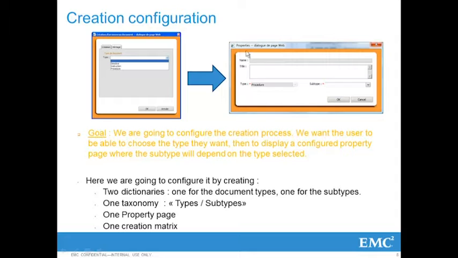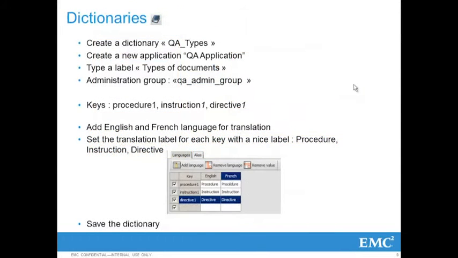Then we will create a property page, which will be this one, displayed on the top. And finally, we will create a creation matrix in order to link all of those objects.